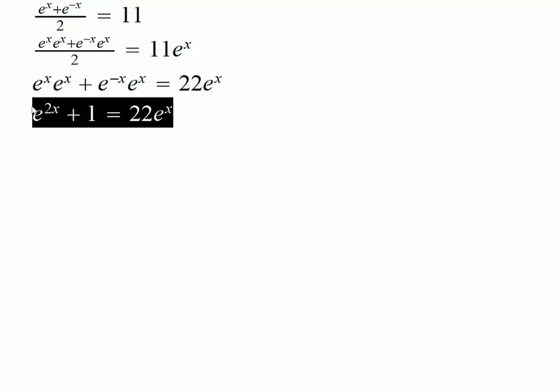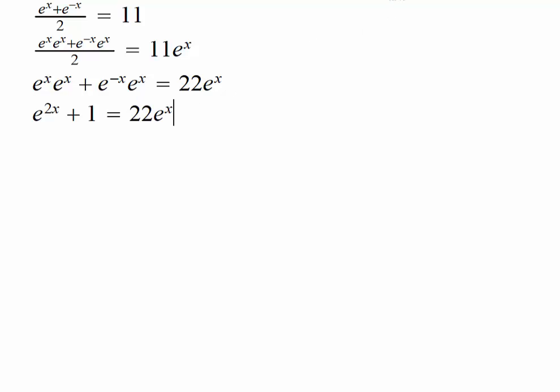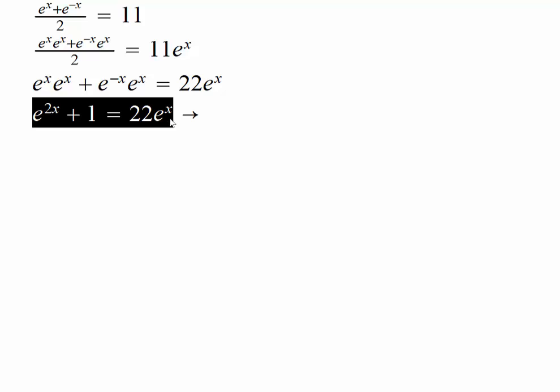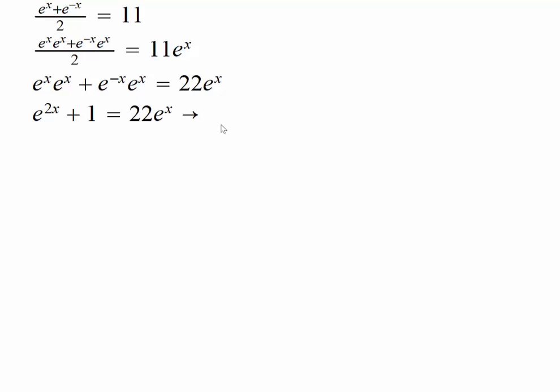And now what we would do is, let me write it this way so that we can accommodate more on one screen. I'm going to move 22e to the x to the left hand side. So this becomes a 0.